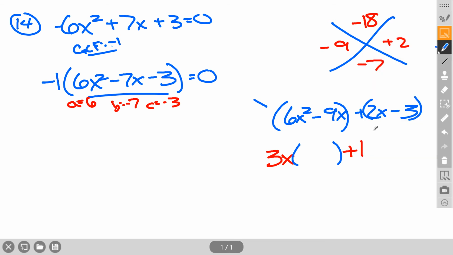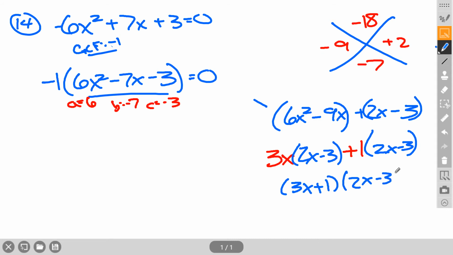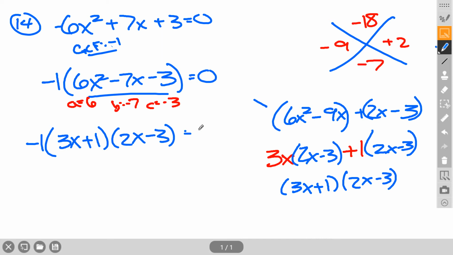And I'll have the same thing left over in both groups, which is 2x minus 3. So this factors into 3x plus 1 times 2x minus 3. So I'll go back over here, and I have negative 1 times 3x plus 1 times 2x minus 3.